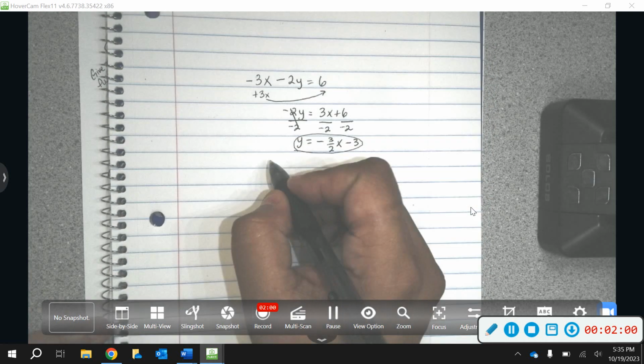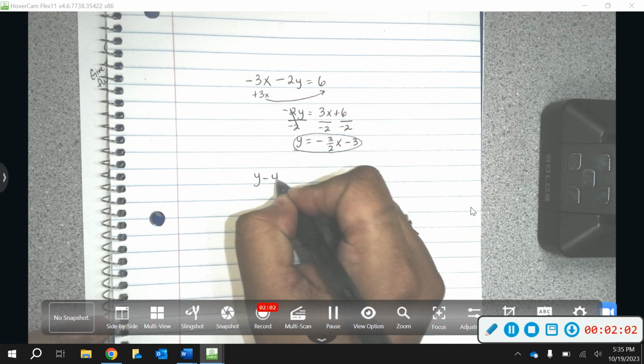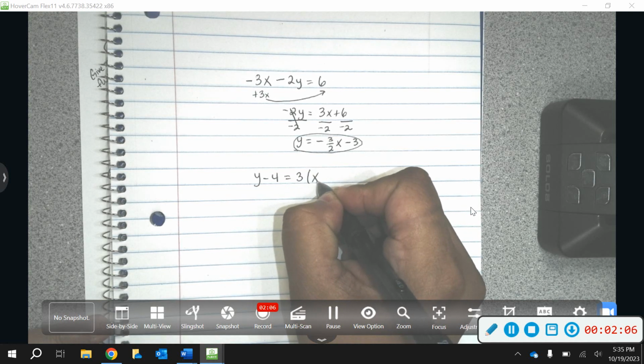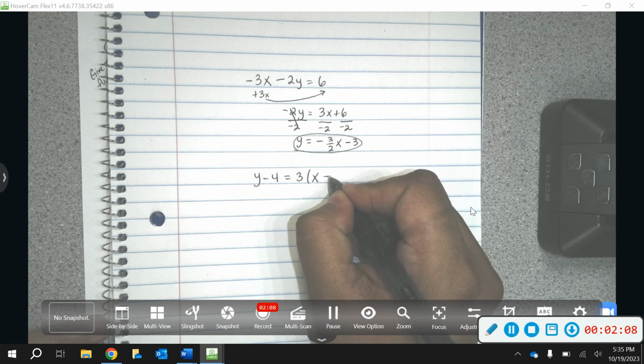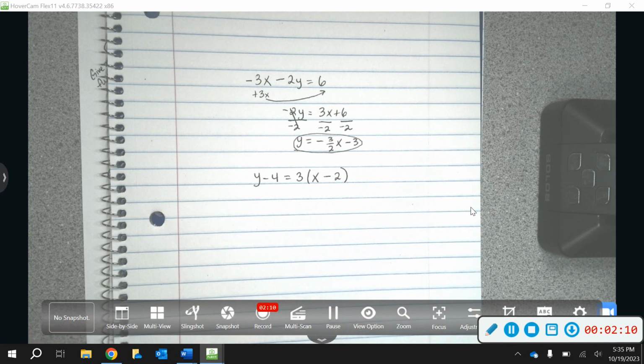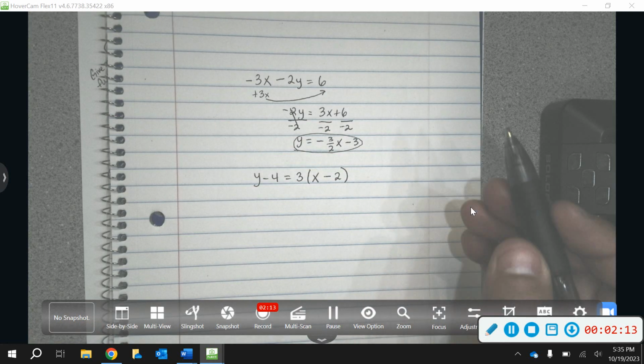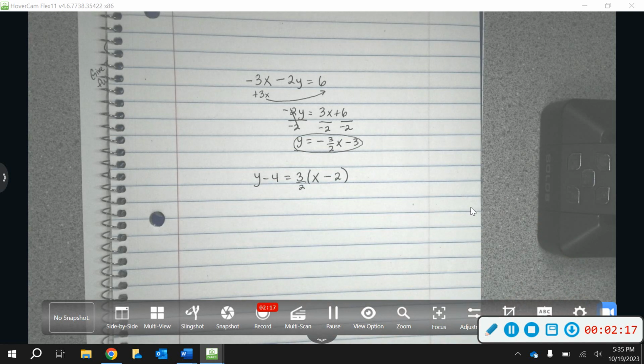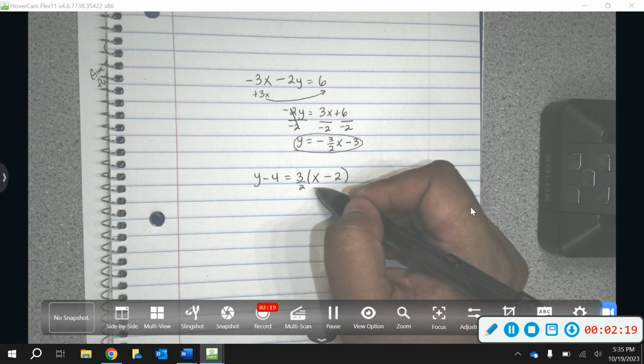Now what I need you to understand is how to go from point-slope form to slope-intercept form. All right, let's say I have 3/2. Okay, let's throw a fraction in there. I have parentheses here.